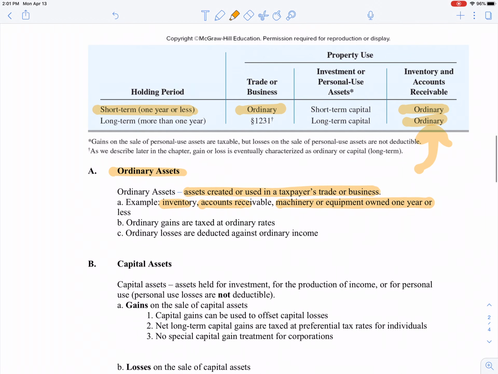When we have ordinary gains, they're taxed at ordinary rates using our tax table, the normal tax bracket. Ordinary losses are deducted against ordinary income. So we would be able to offset our ordinary income with those ordinary losses.